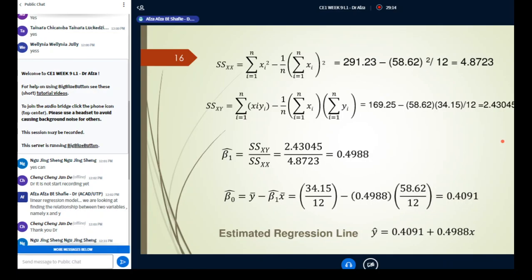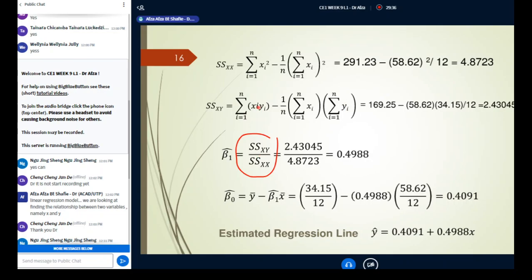So we want to find the value of the beta 1 and the beta naught, because eventually we want to find the equation. So find what is our beta 1 hat first, just by using this formula, which is the sum of squares of the xy divided by the sum of squares of the x. So basically we need to work this out.